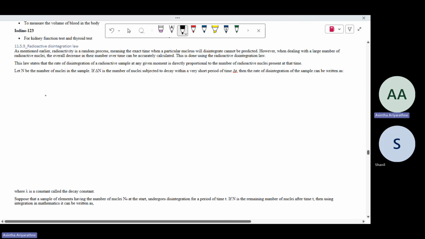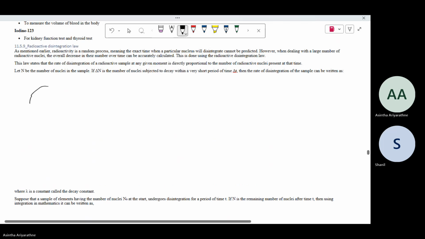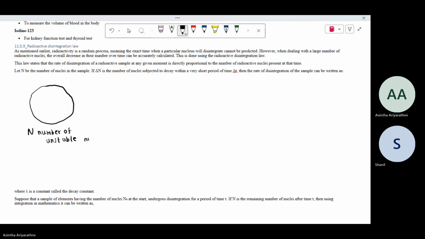So let's say we have a sample. Right, we have a sample of unstable nuclei.